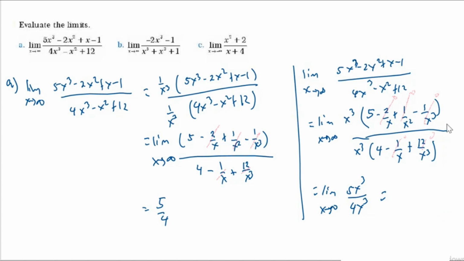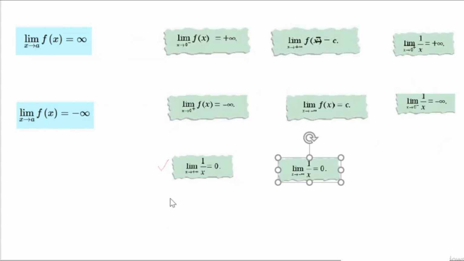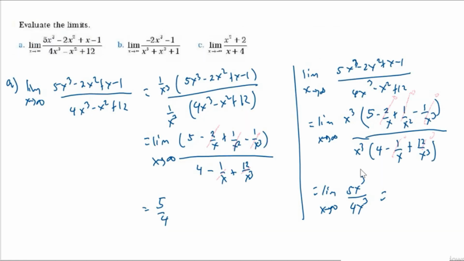After dividing and applying the properties of the limit, that 1 over x as x approaches positive infinity is equal to 0, we have the remaining terms of the limit of 5x cubed over 4x cubed as x approaches positive infinity.